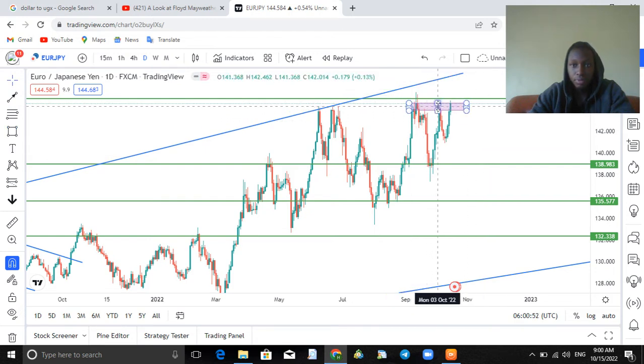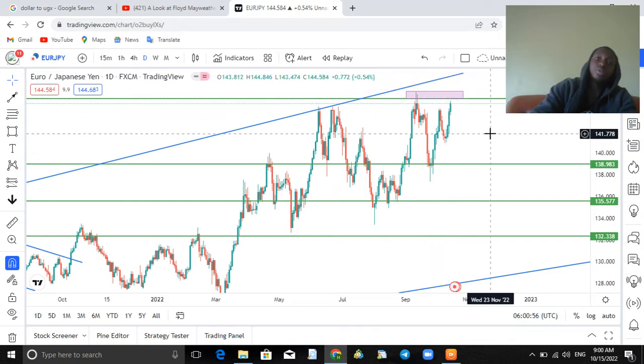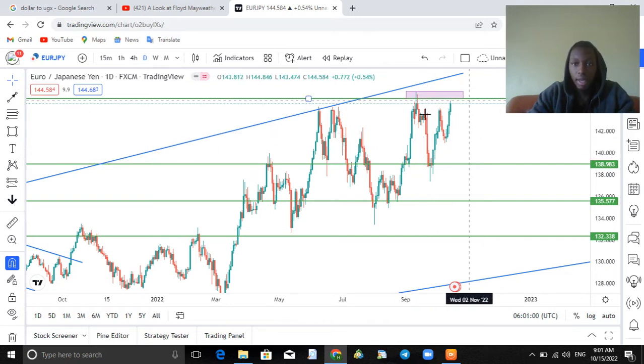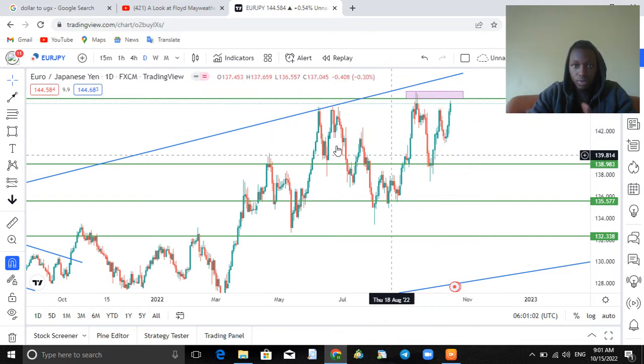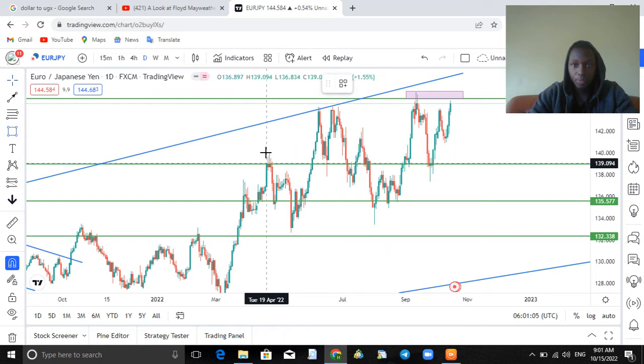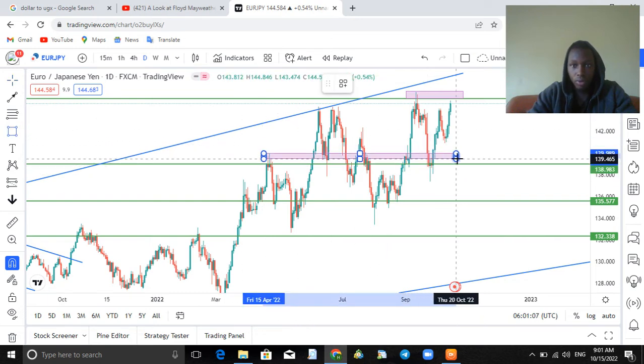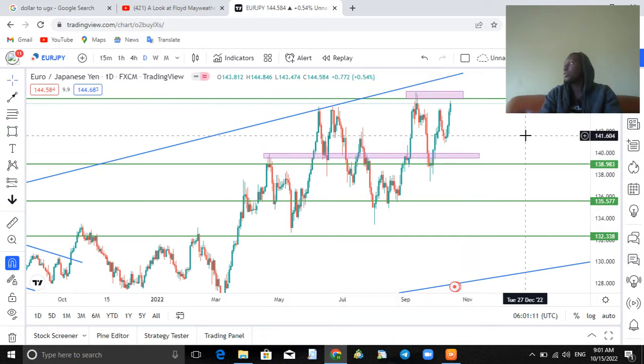On this zone, whenever the market approaches it, we see a lot of sellers jumping into the market. Now I'm also going to cater for our demand zone, and this demand zone will also help us cater for our take profits.